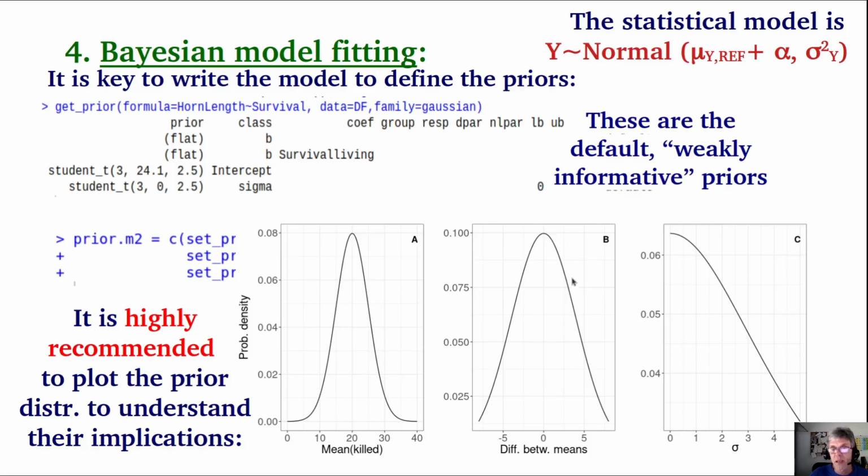This shows that I expect pretty small values of the differentials of the mean, and as many negative differentials as positive differentials, and that I expect low values of the standard deviation of the response variable to be more likely than high values.